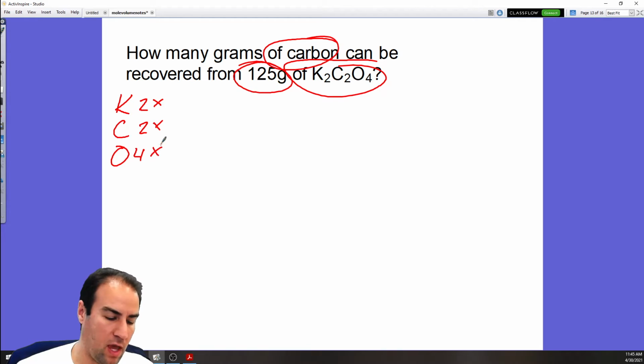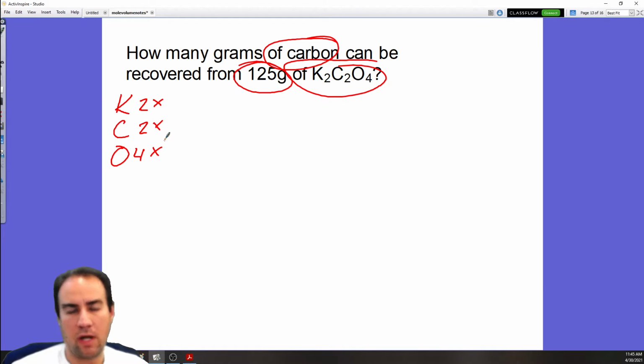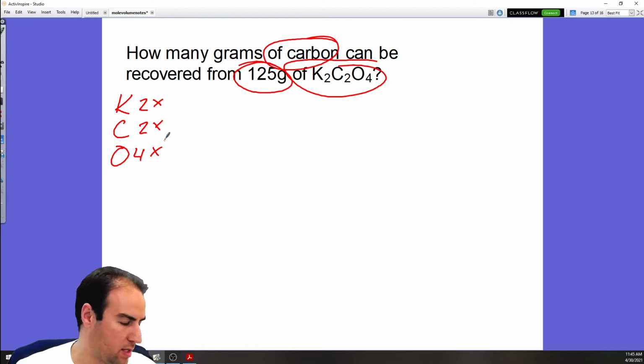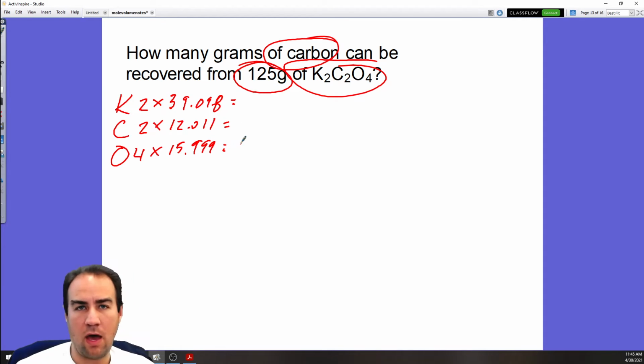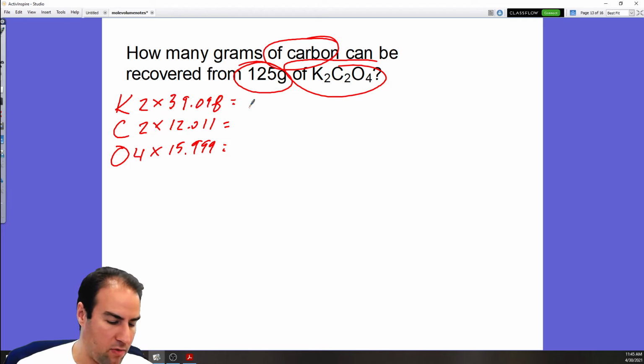Now we just have to look up each one on the periodic table, finding the molar mass. Potassium has a molar mass of 39.098, carbon 12.011, and oxygen 15.999. Again, pull out your calculator, do a little bit of math. The total mass of potassium is 78.196.